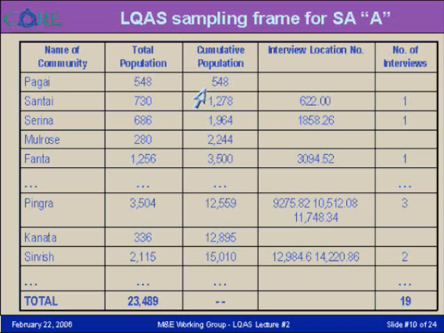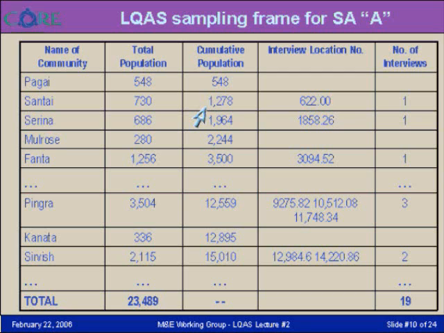Therefore, the community in which the 622nd person is located is Santai. That is the second community, which has a cumulative population of 1,278.